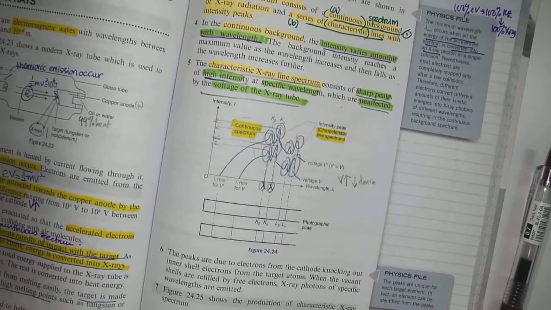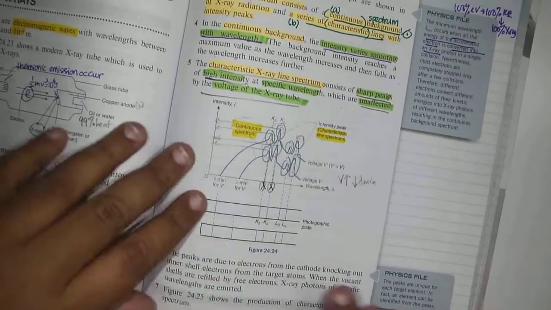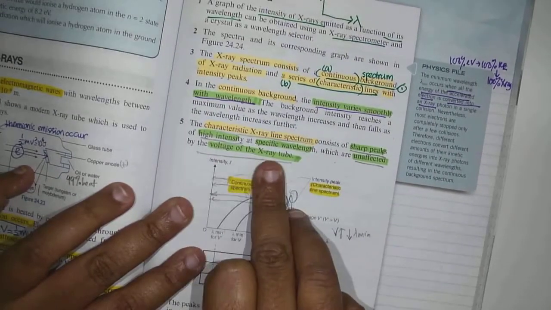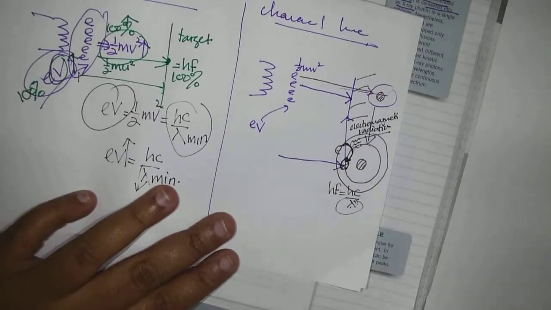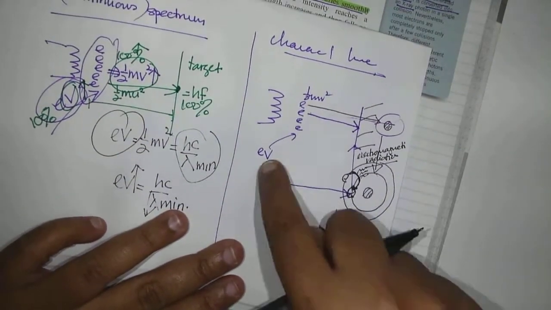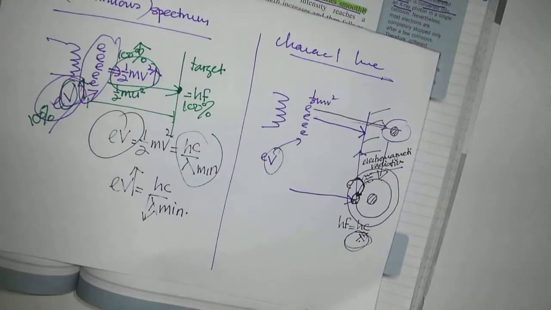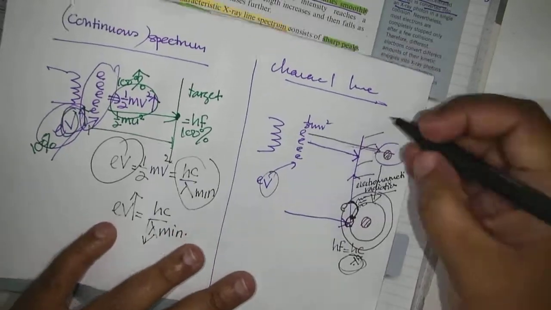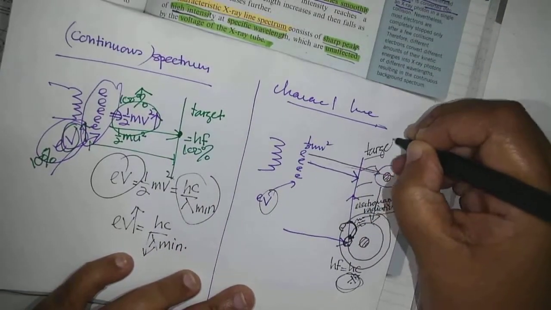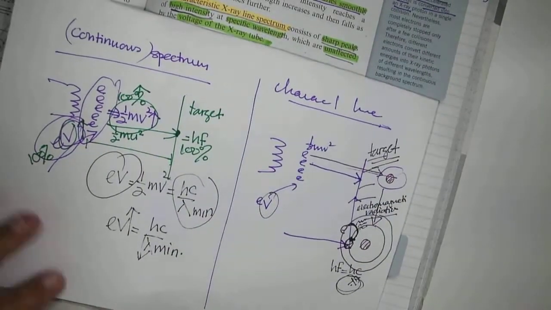It says the peaks are unaffected by the voltage of the X-ray tube. This lambda which is produced doesn't depend on this voltage. Actually, what does it depend on?